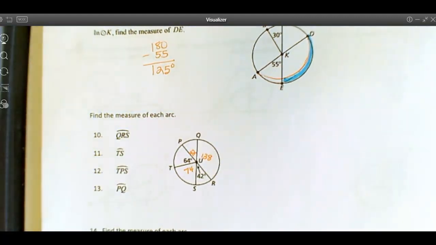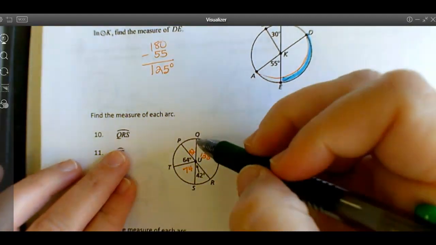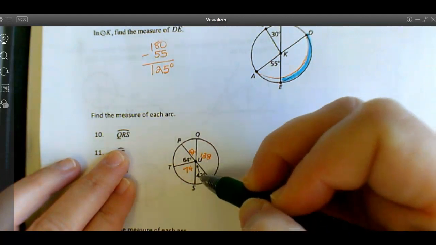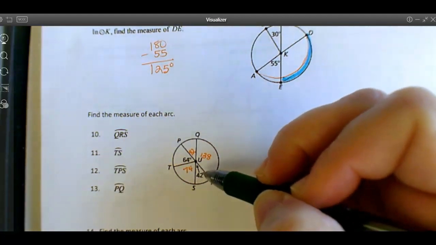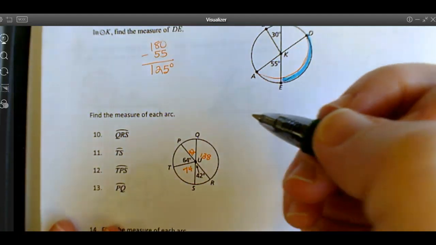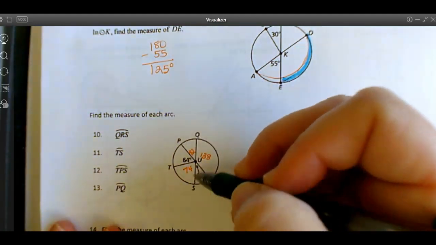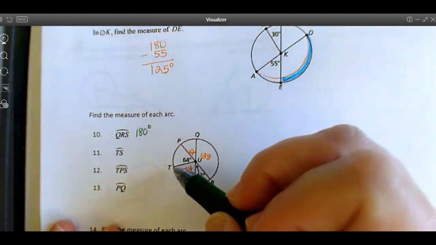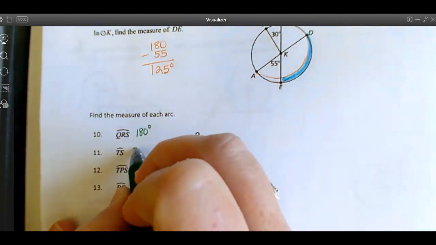Okay, so now let's answer our questions. QRS would be these two angles put together. So that would be 138 plus 42. That makes sense because that looks like a diameter as well. That's 180. Okay. TS we found is 74.